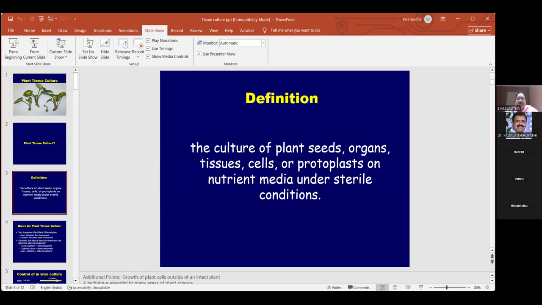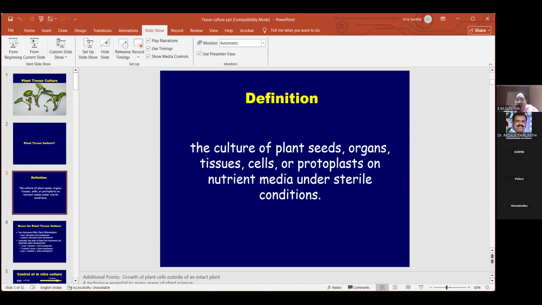Okay. So when we come to the definition of plant tissue culture, first we must remember that plants have a property called totipotency. Because of that potential, scientists were able to start the tissue culture of plants.